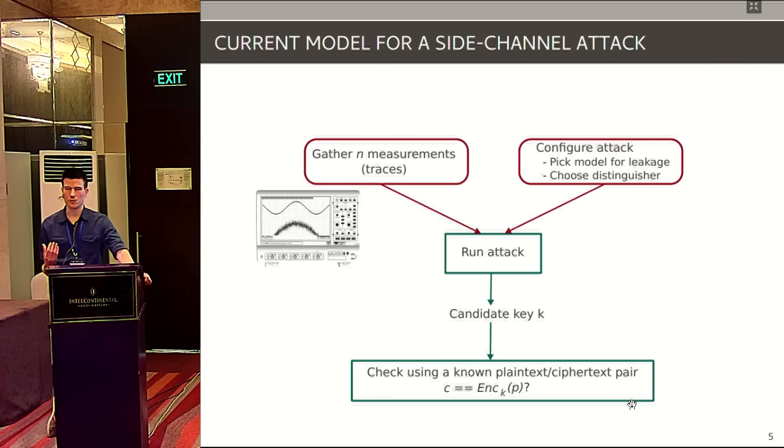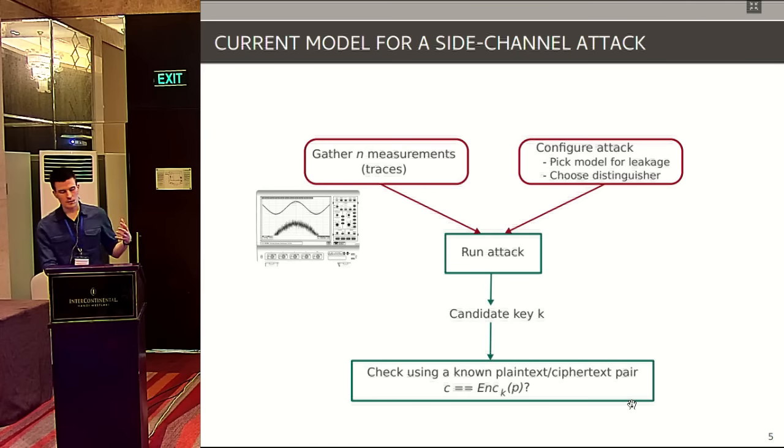The first is a model for the leakage of the device. That model can be guessed, derived, or estimated, but in general the adversary hopes it matches well what is going on inside the device. The second thing the adversary needs is a distinguisher, which is essentially an overloaded term for a statistical method or algorithm that compares the model leakage with the real leakage inside the measurements.